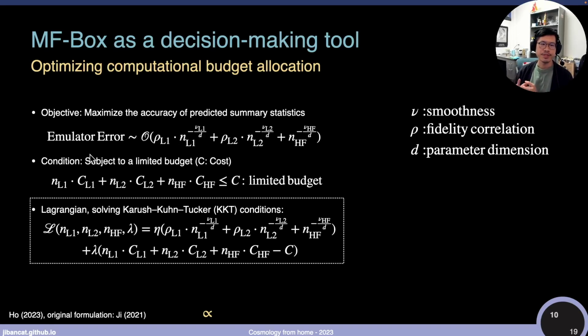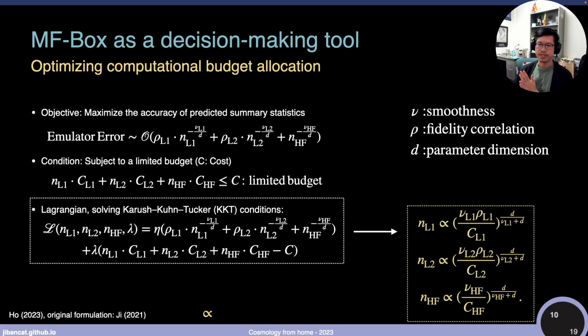This is subject to a limited budget: the budget for L1, L2, and high-fidelity should be smaller than my limited budget. So, just back to your undergrad classical mechanics, just solving the Lagrangian and also solving under the KKT conditions.